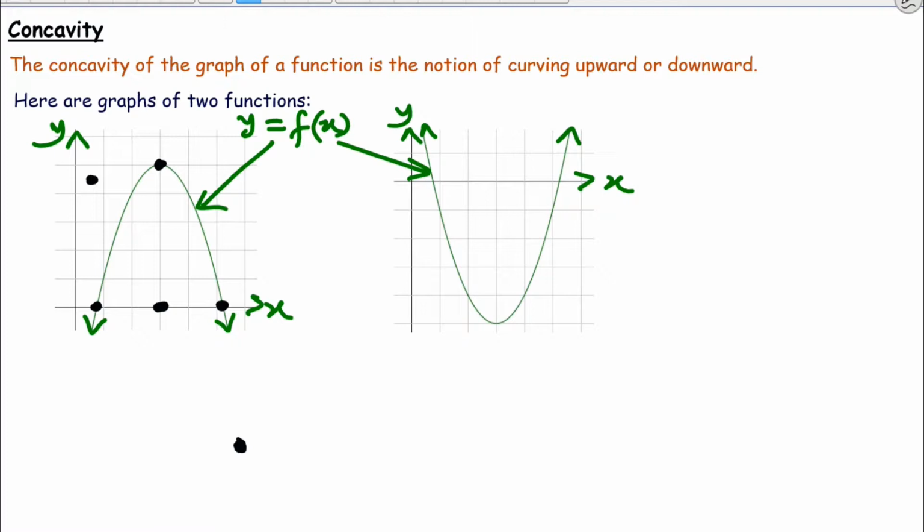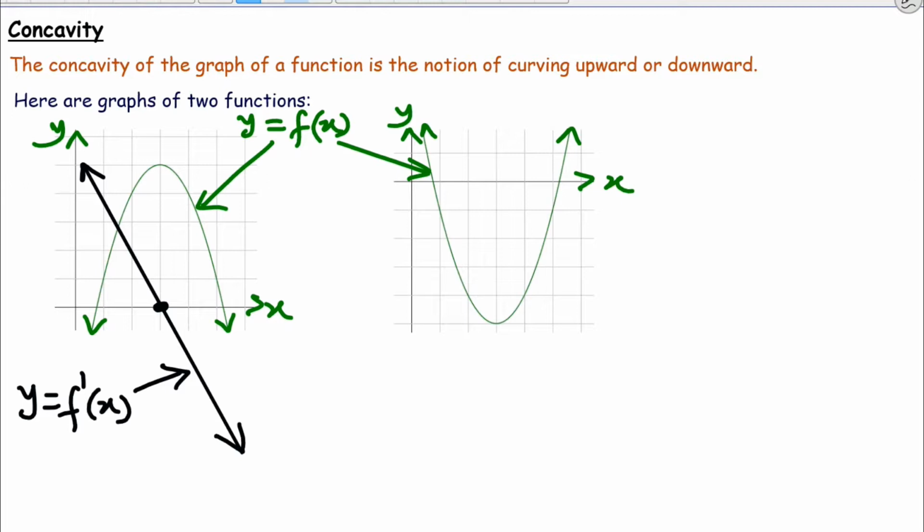Now, if I join these points using a straight line, what I'll end up with is a linear function. And it makes sense because we know that the derivative of a quadratic is a linear function. So this function here represents the derivative of the original function, y is equal to f dash x. That's the graph representing the first derivative of a quadratic function.